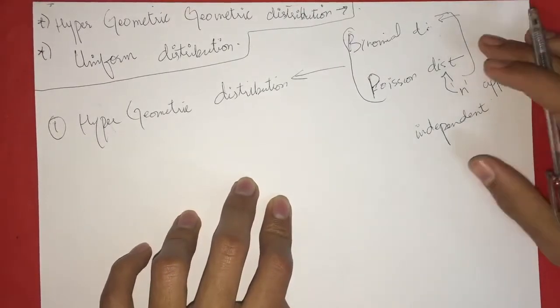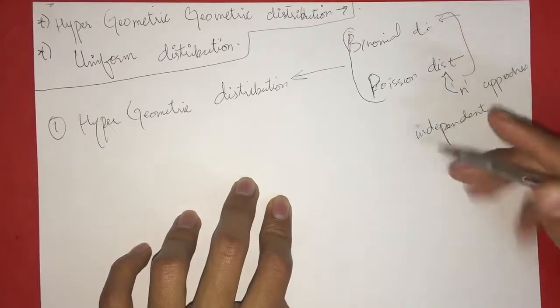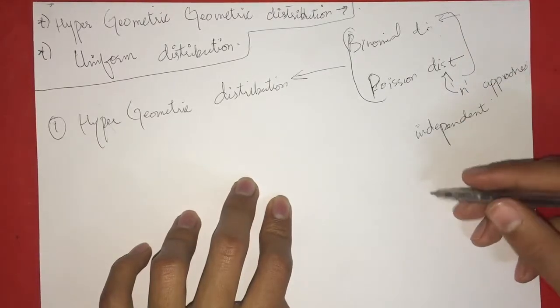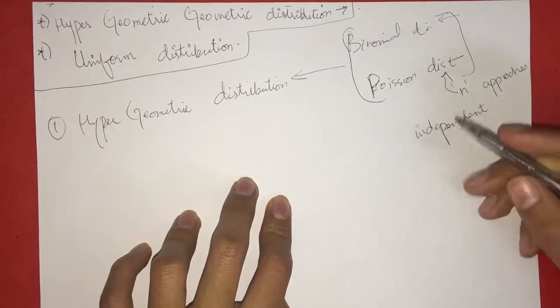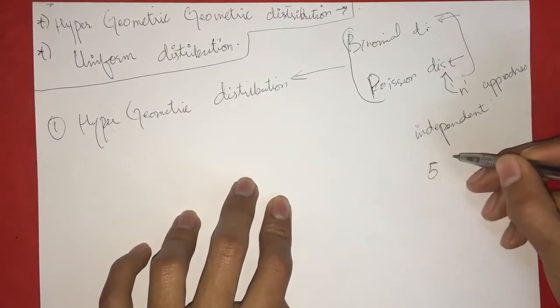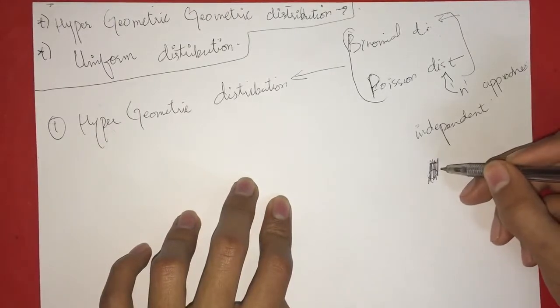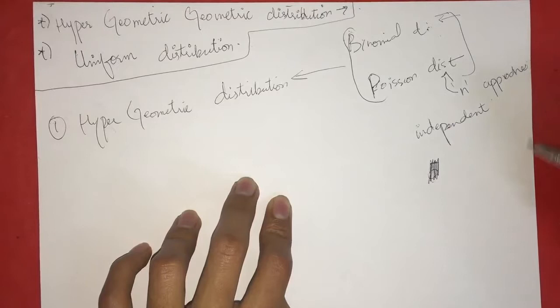So for example, in the binomial and the Poisson distribution, we had, for example, if we toss a coin 5 times, or let's not use the coin example. Let's use the dice example.